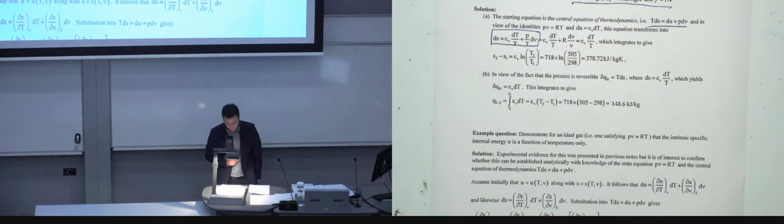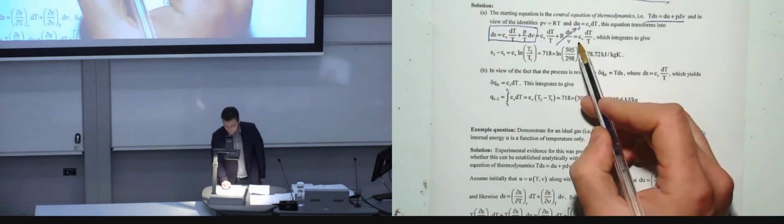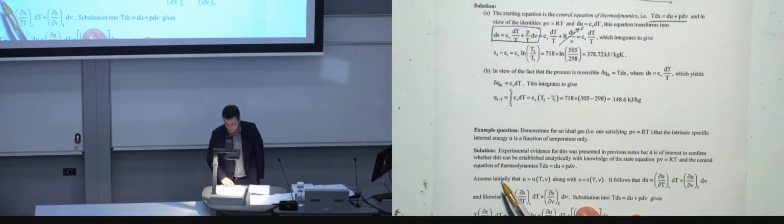This equation is from the formula sheet, so you can just directly jump to this equation. The only thing you realize here is that this term disappears in this example, and therefore you're only left with Cv dT over T. Now, when you integrate this, we assume that Cv is a constant, so air is taken as a perfect gas.